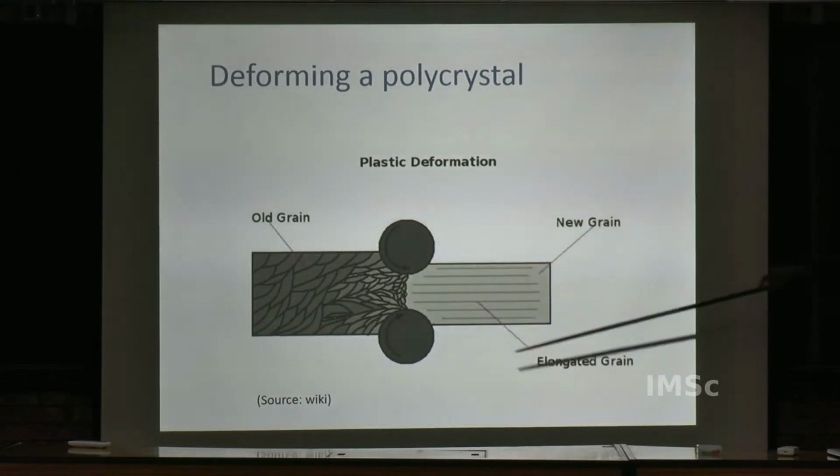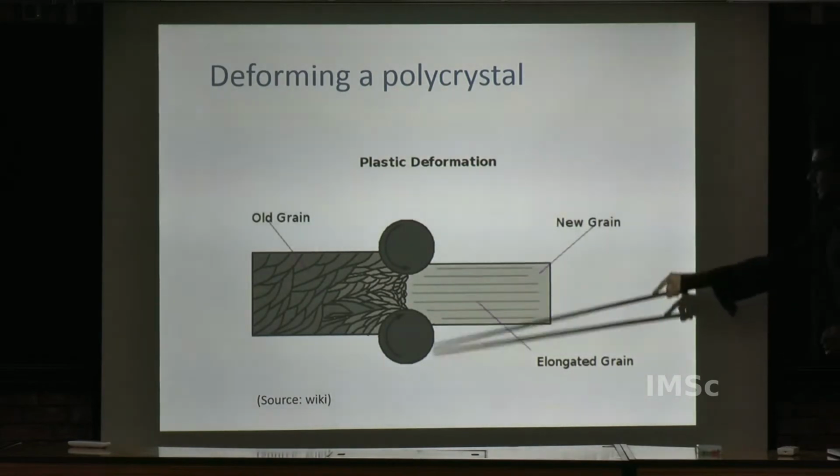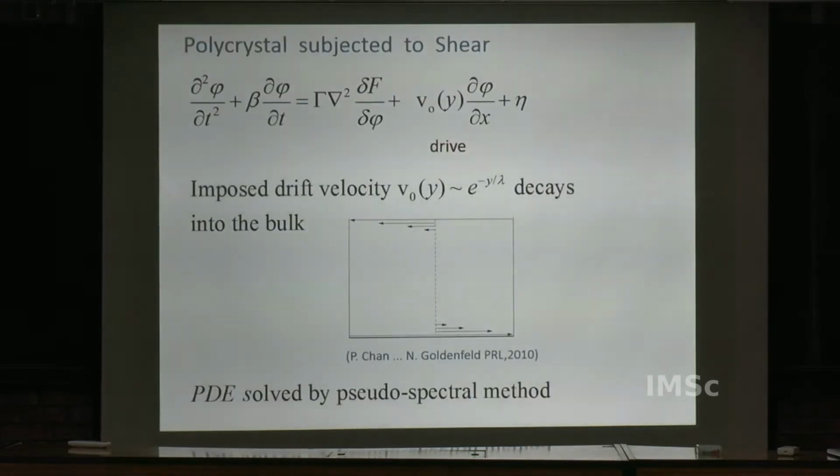You can do further heat treatments of various kinds to get the grain structure you want. In engineering language, you would like to come up with schemes which give you a desired kind of grain structure. Our focus is not that.